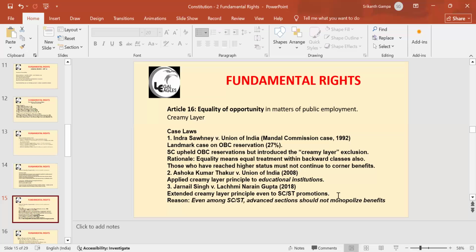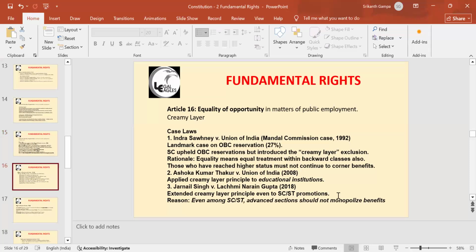They are getting equal salary and have equal knowledge, so they can compete only on merit in promotions. These are the exceptions to equality of opportunity.